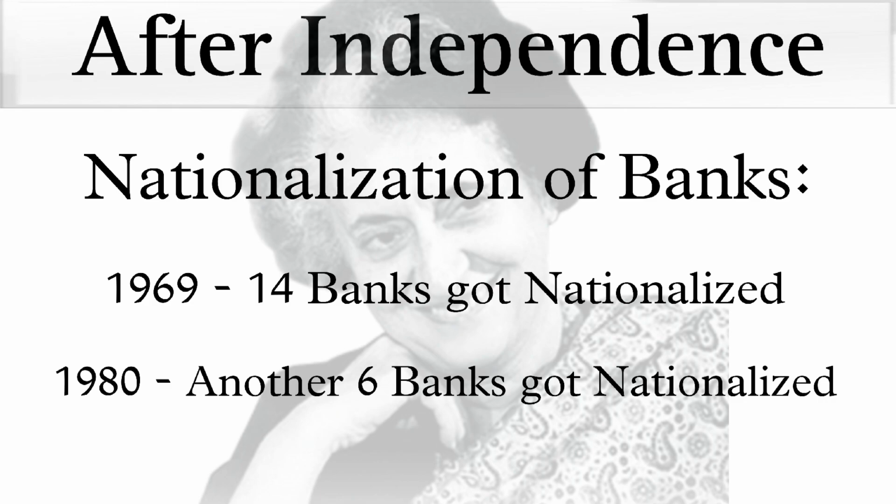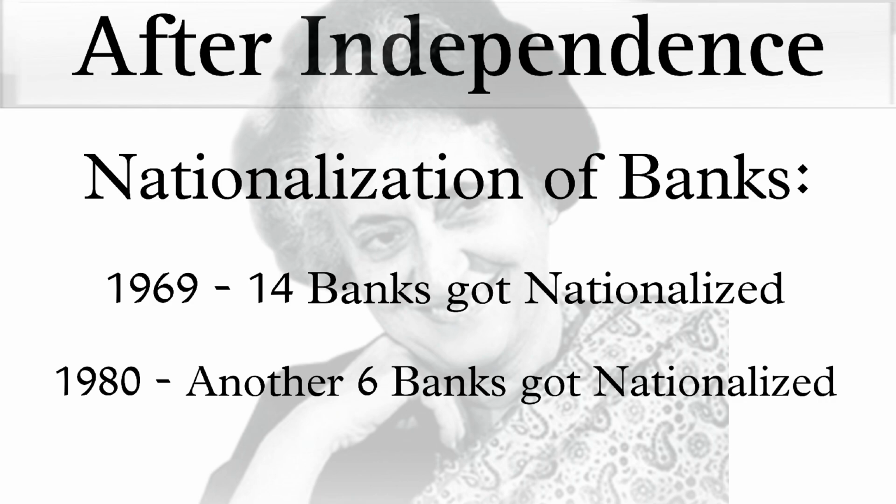The first phase took place in 1969 when 14 major commercial banks were nationalized, including the State Bank of India and Bank of Baroda. The second phase took place in 1980 when 6 more banks were nationalized, including the Central Bank of India, Indian Bank, and Punjab and Sindh Bank.